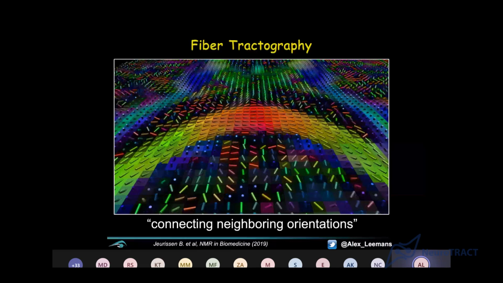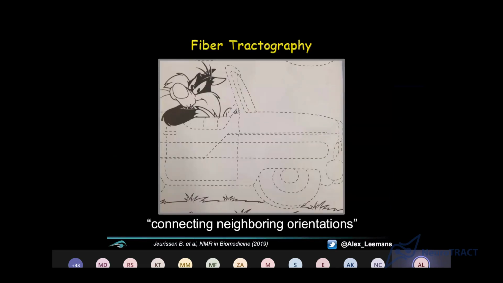If I were to reduce the ellipsoids to the dominant orientation, it's not hard to imagine that you can actually connect all these little discrete elements. And in a way, it's the same as looking at this cartoon, right? If I ask my kids to connect the little discrete elements here, they can do this. They will draw this line. And we're doing exactly the same with fiber tractography, right?